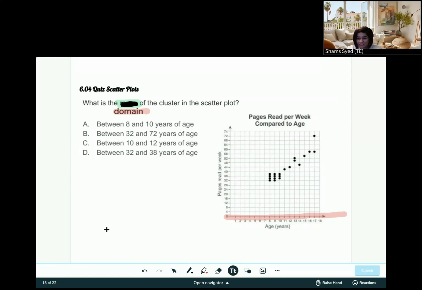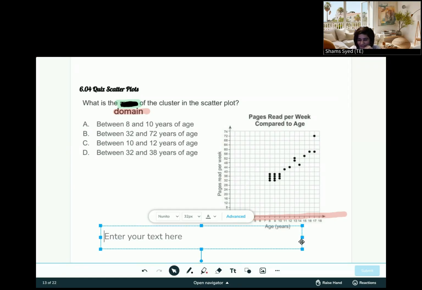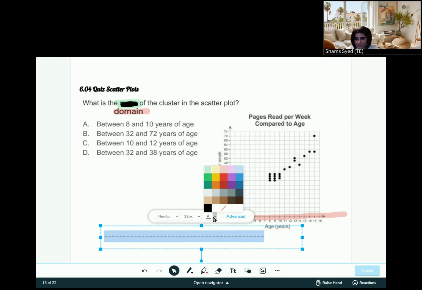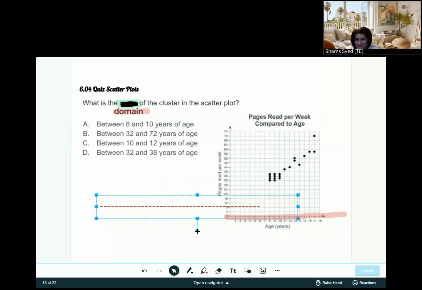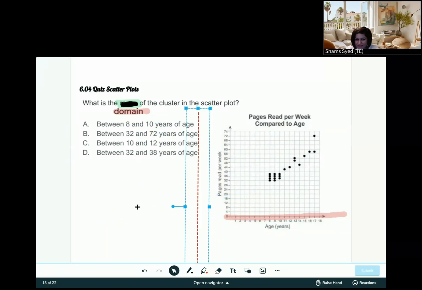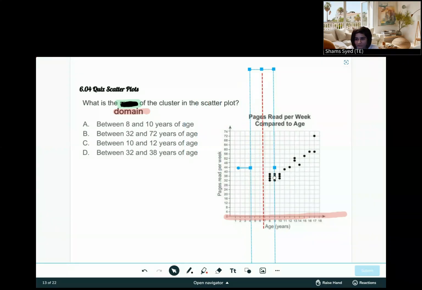We will create our line to see where most of the data will lie. And I really apologize for the mistake. I'm going to go back and fix it in my slides. So next time I talk about the quiz, I will be more precise. Okay, and we can find very precise domain values where most of the cluster falls.